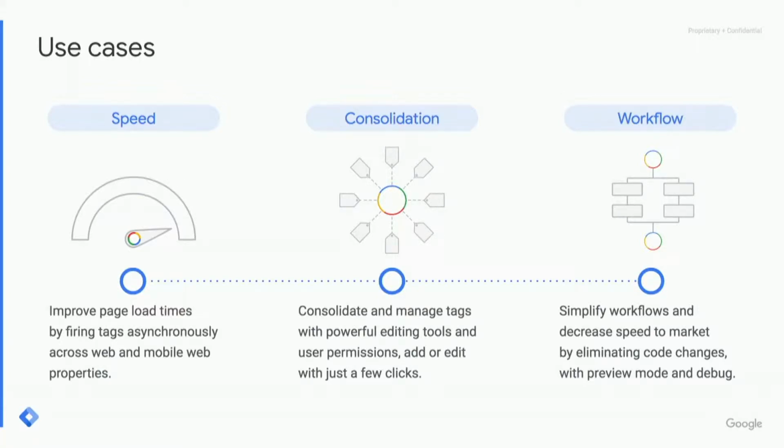You can consolidate and manage tags with powerful editing tools and user permissions to add or edit tags with just a few clicks. Having this consolidated place to manage all of your tags can also help you deploy tags more quickly. And workflow. You can simplify your workflows to ensure that you're able to deploy your tags as quickly as you need with all of the relevant stakeholders involved.